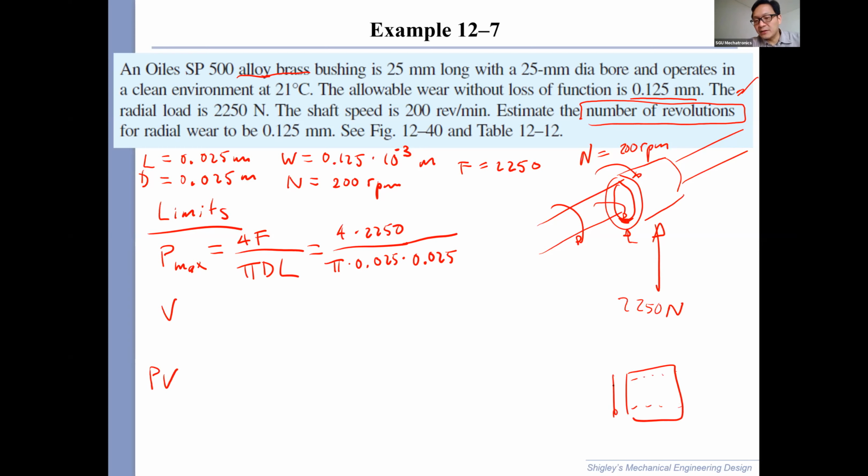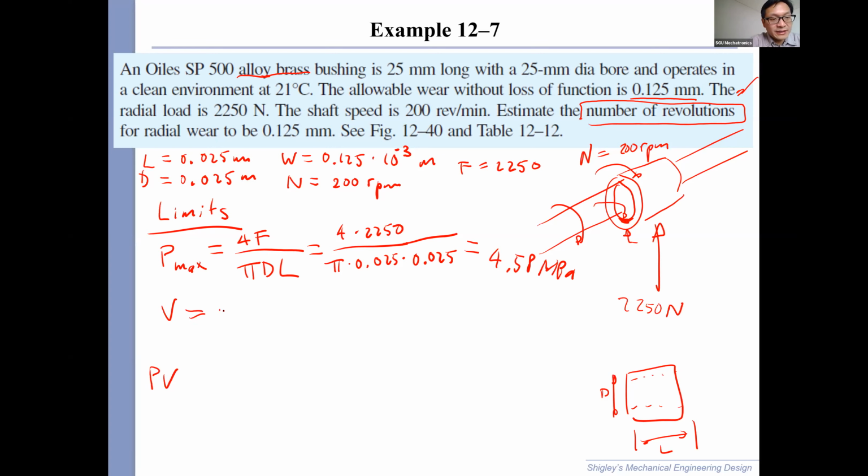Because the diameter is the same as the length here. Okay, so here we have the P is 4.58 MPa, megapascals. 1 Pascal is 1 Newton per meter square.